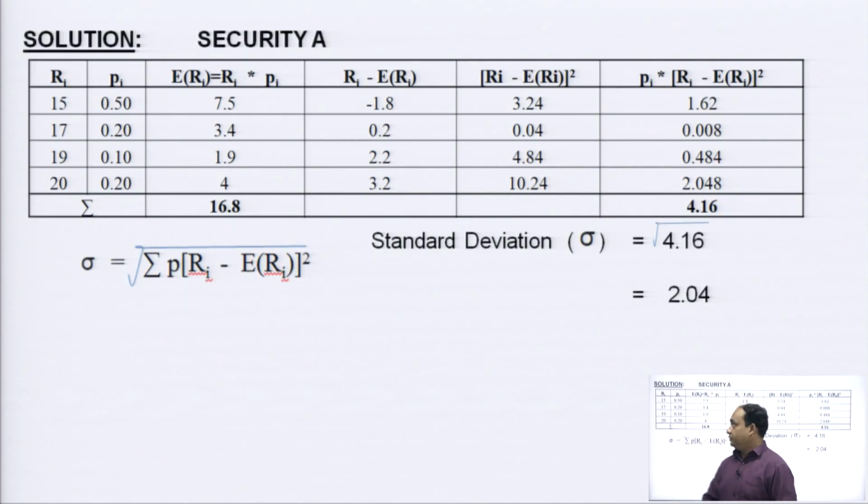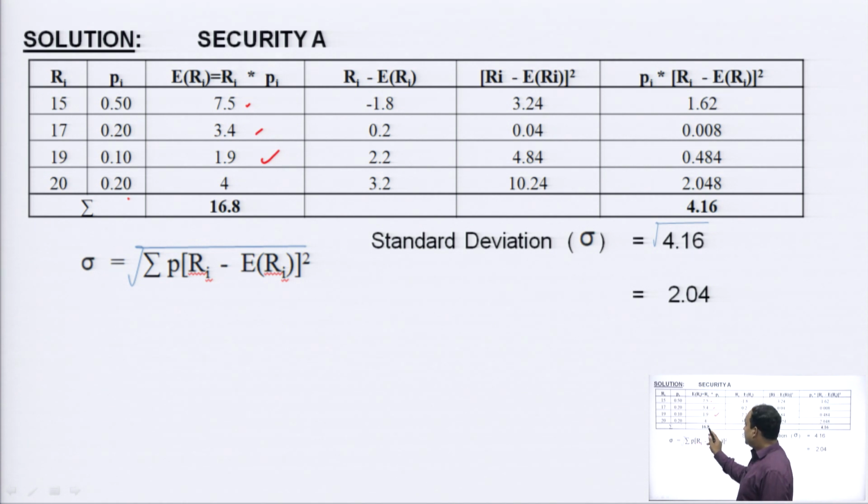Now the solution. This is the given problem of possible returns from security A and their respective probabilities. To calculate the expected return, we multiply each possible return by its probability: 15 times 0.5 is 7.5, 17 times 0.2 is 3.4, 19 times 0.1 is 1.9, and 20 times 0.2 is 4.